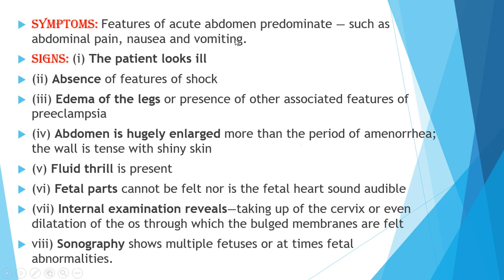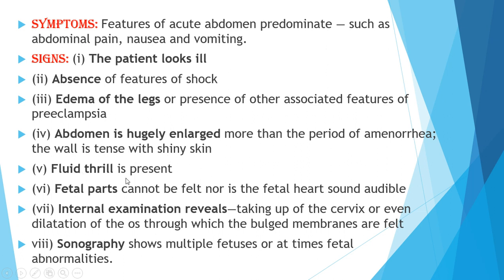Symptoms: features of acute abdomen predominate, such as abdominal pain, nausea and vomiting. Signs: the patient looks ill, with absence of features of shock, edema of the legs or other associated features of preeclampsia. The abdomen is hugely enlarged, more than the period of amenorrhea. The wall is tense with shiny skin.